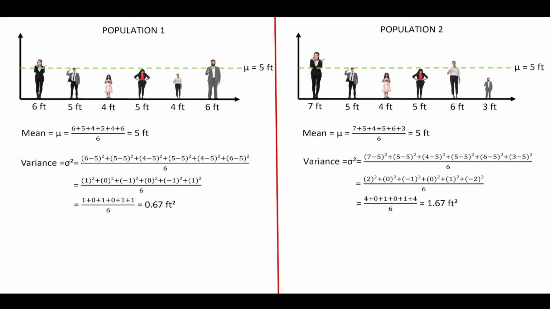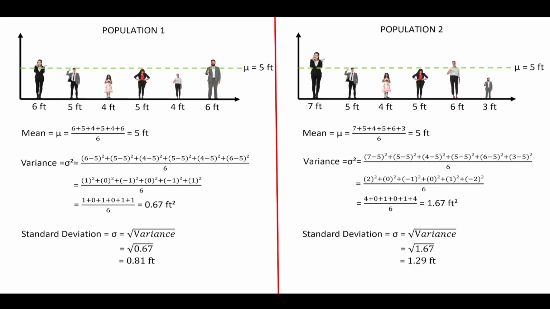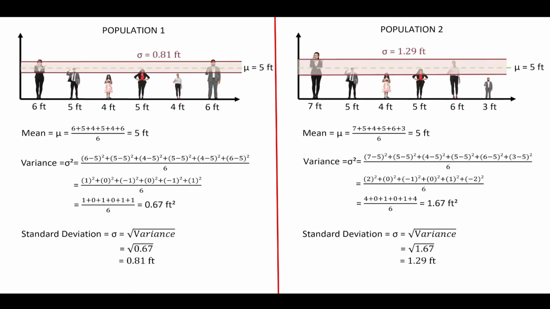Hence we will use standard deviation, which is square root of the variance. Thus we get a standard deviation of 0.81 feet for population 1 and 1.29 feet for population 2. This clearly shows us that the data points in population 1 are less spread out from the mean than in case of population 2. This is the importance of standard deviation.